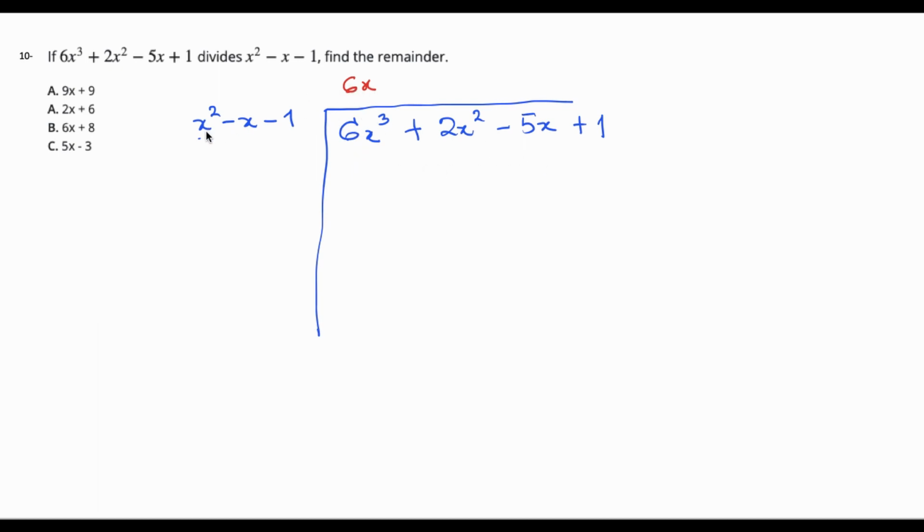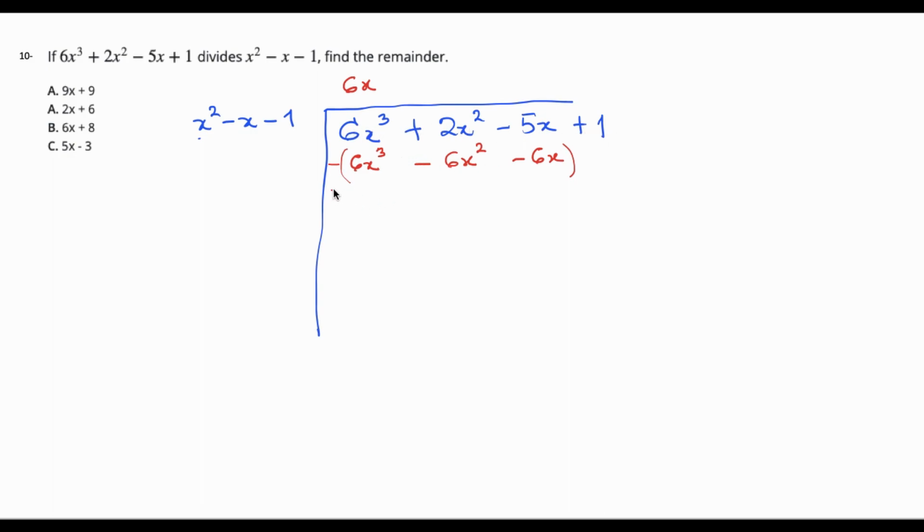So 6x multiplied by x², you have 6x³. 6x multiplied by −x, you have −6x². And 6x multiplied by −1, you have −6x. So now you subtract everything you have here from our main problem.